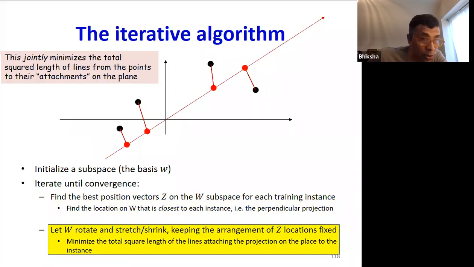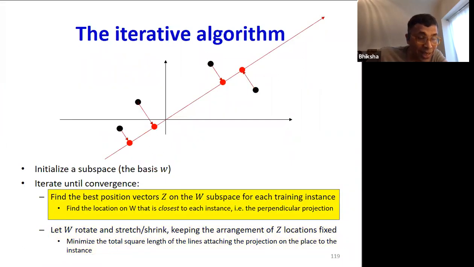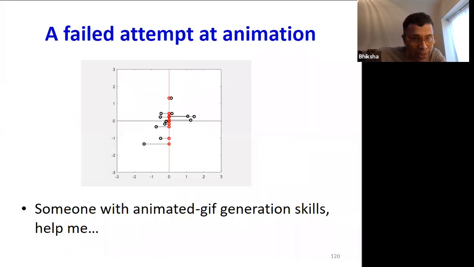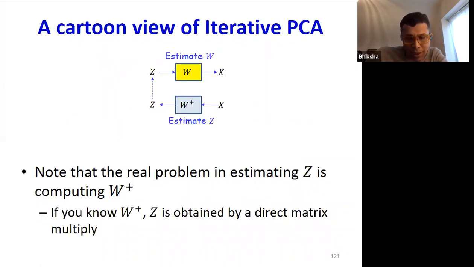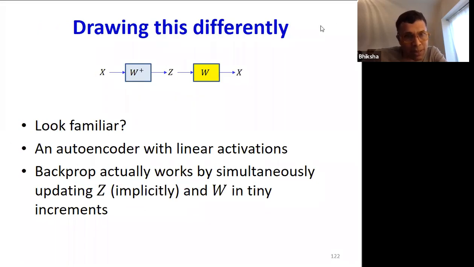The red dots are closer to the black dots on average than they were initially. And then with the new projection, again, the red dots are closer still to the black dots, and then it keeps rotating. So at each step, this is minimizing the error between the point on the plane, this should be x hat, and the original data point.